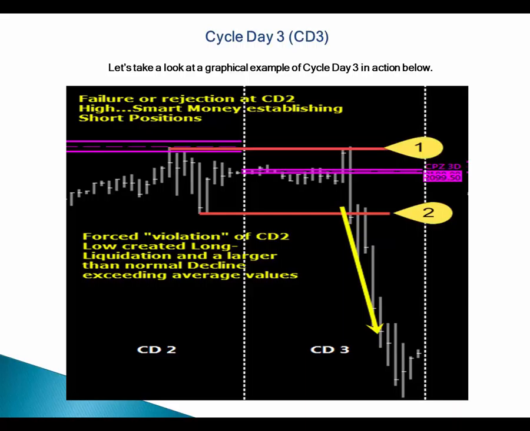So price pushed up to, let's just call it a projected high target. We can see there that magenta zone is the 3-day central pivot zone, tends to be a target level for us on many days. So a forced violation is failure to move above the prior day's high, which is the cycle day 2's high. Can't get through that.